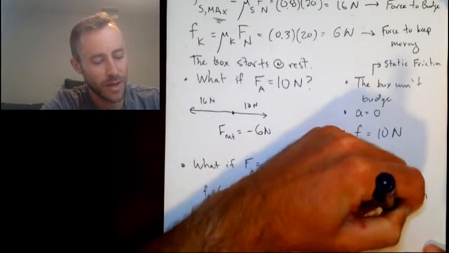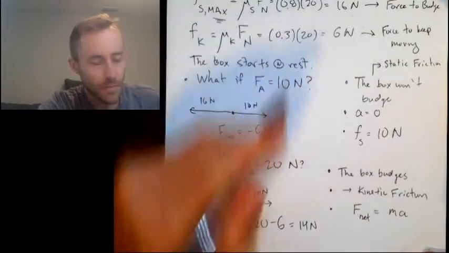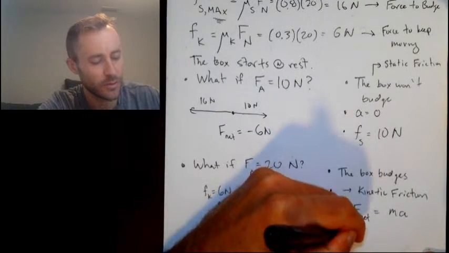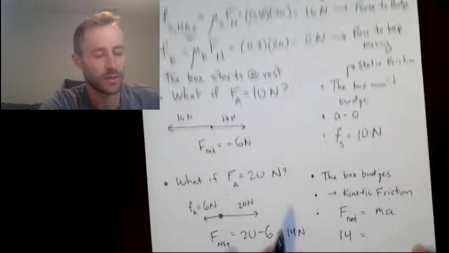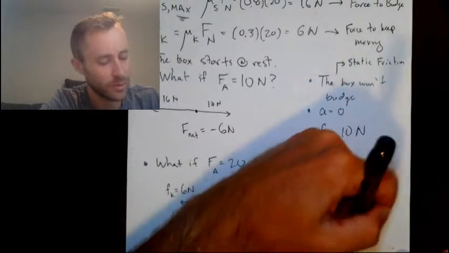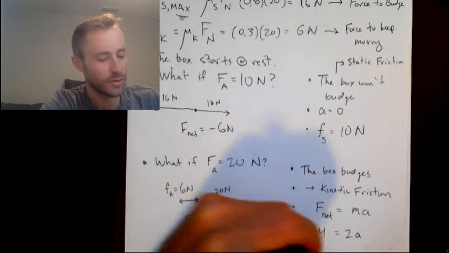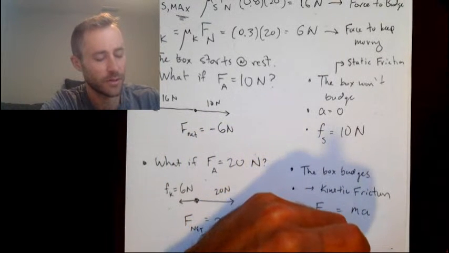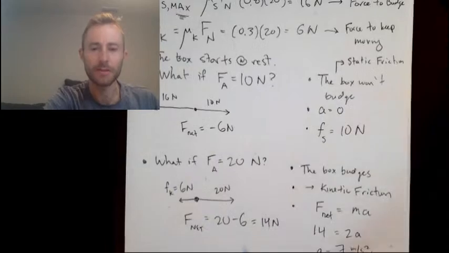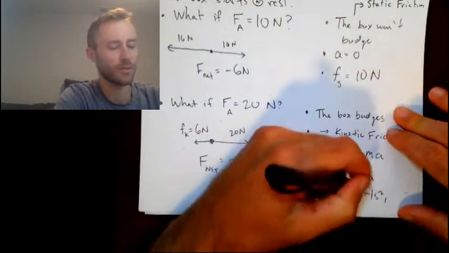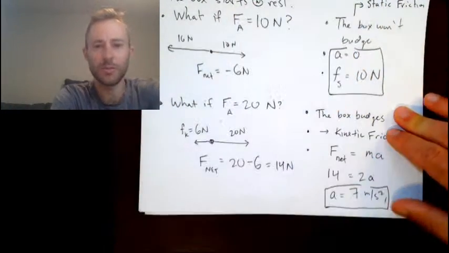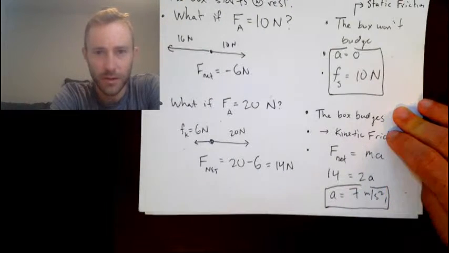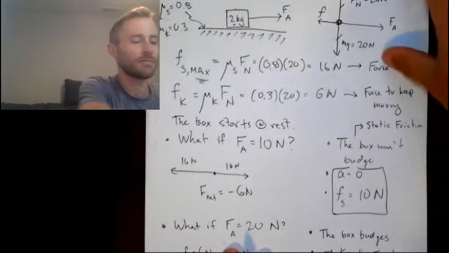Net force equals ma. The net force is 14 newtons. The mass is 2 kilograms. So we have 14 equals 2a, which means that the acceleration is 7 meters per second squared. So depending on what the applied force is, you get a different acceleration.